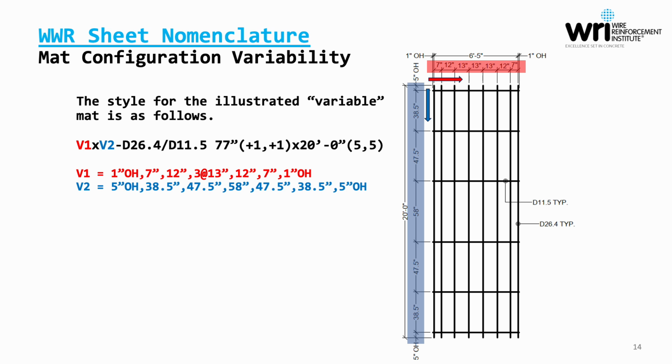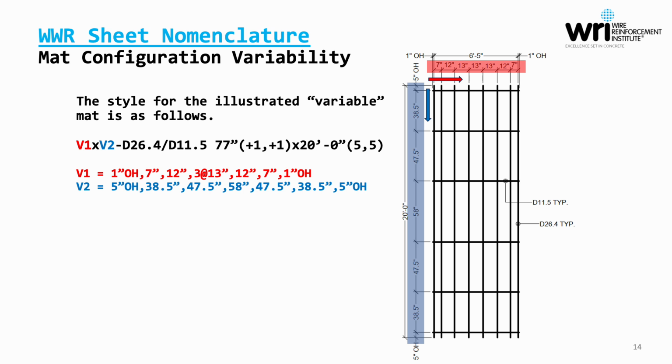Notice that the balance of the style is as what we discussed before. We're talking about wire sizes of 26.4 and 11.5. We've established an overall width of 77 with the 1-inch overhangs to the outside, and an overall length of 20 feet with a 5-inch and 5-inch inclusive overhang.